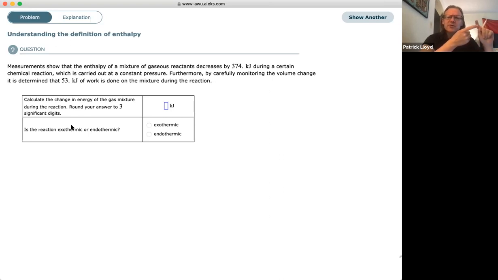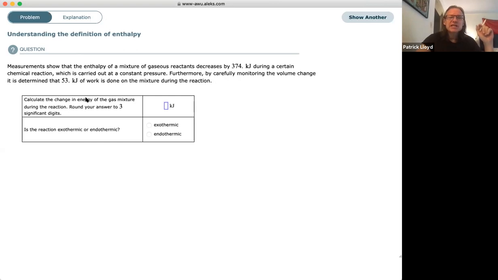So what do we have here? We know what delta H is. We know what W is. But we also know that delta H is equal to Q because it's at constant pressure. So not only do we know delta H, we know Q is negative 374. We also know that W is positive 53. Look at the question.